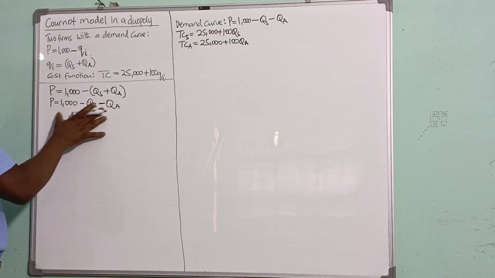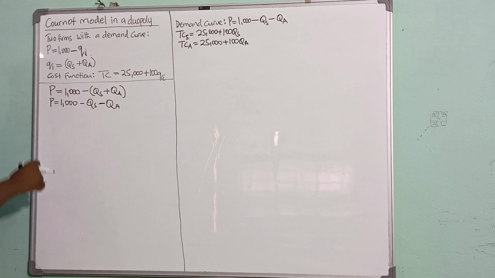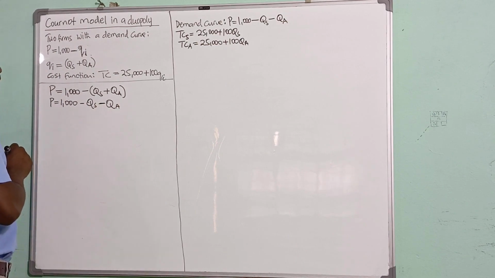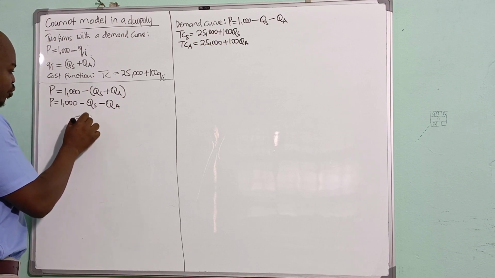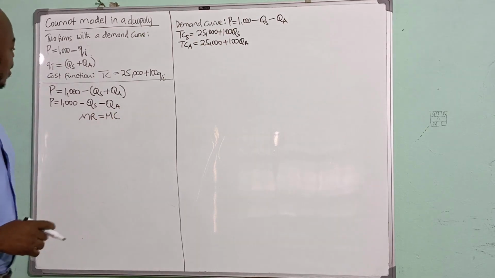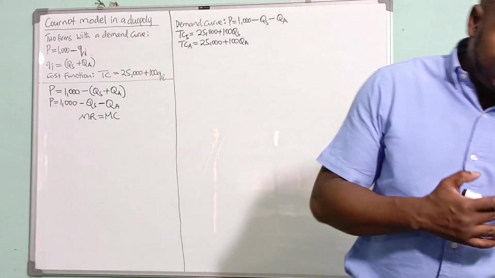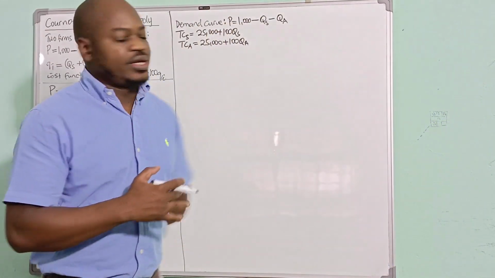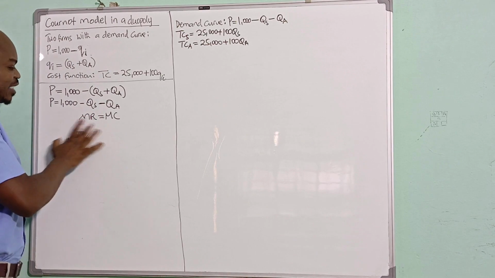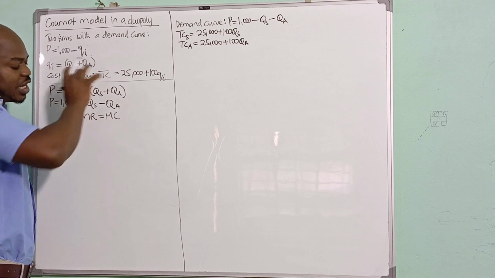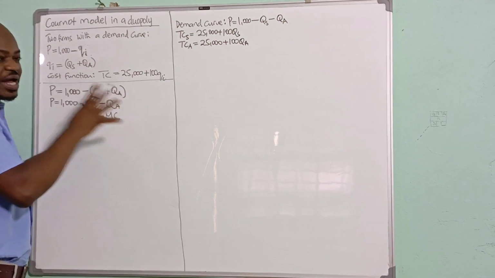If I'm attempting to find the reaction function, or the best response, for firm S, I need to find its profit-maximizing position, which is where marginal revenue is equal to marginal cost. This is where firms maximize their profits. The setting for profit maximization in economics is marginal revenue equal to marginal cost, except in a perfectly competitive market, which I already discussed in one of my other videos.